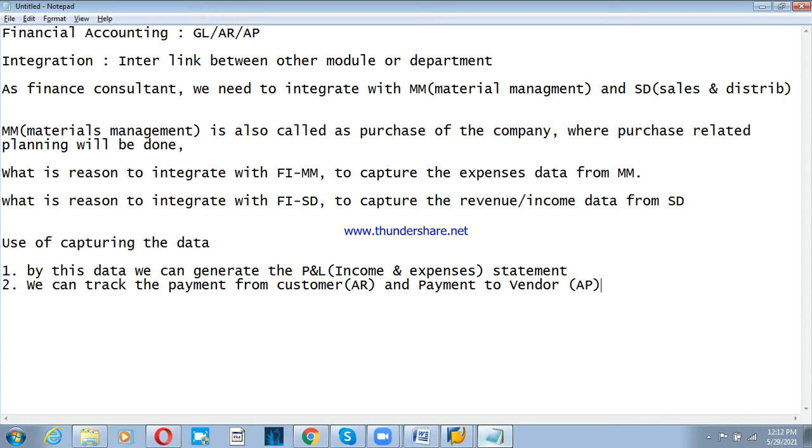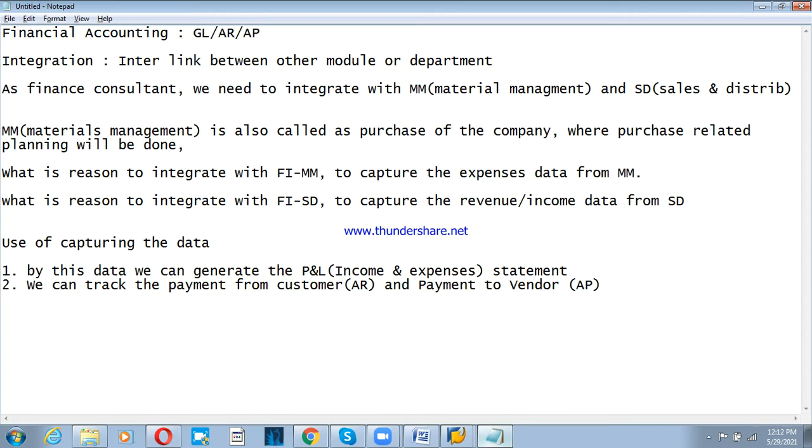We cannot track the customer records, how much he needs to pay, how much he already paid. That's the reason we integrate with these two departments, so that we can capture the data and have control on payment of our customers as well as vendors.